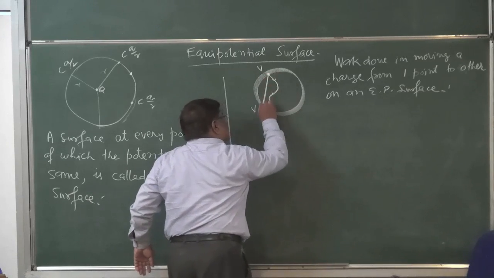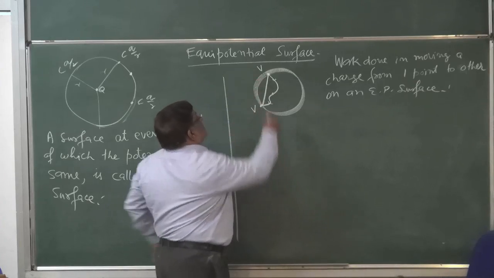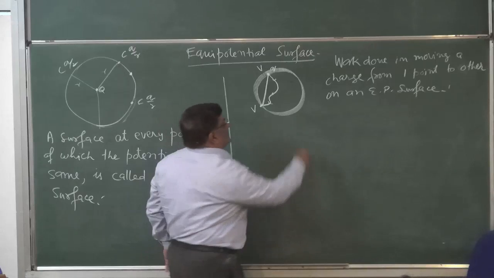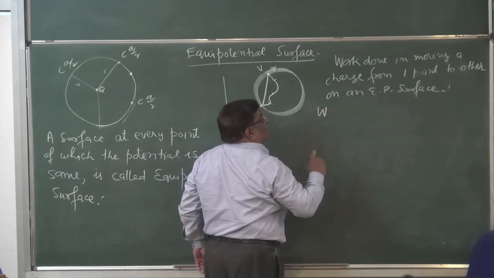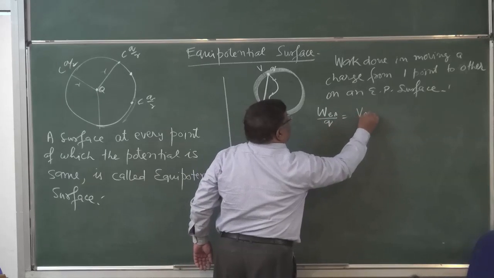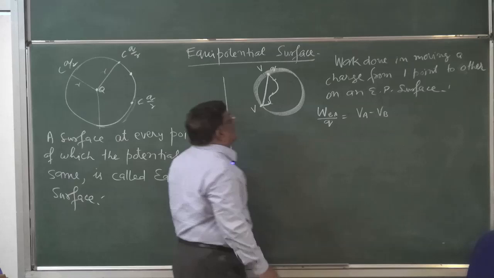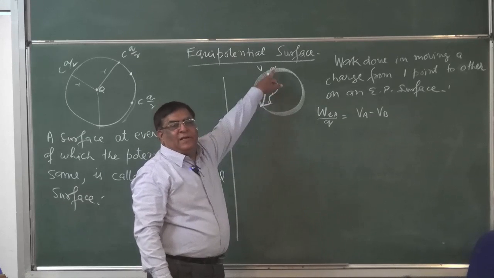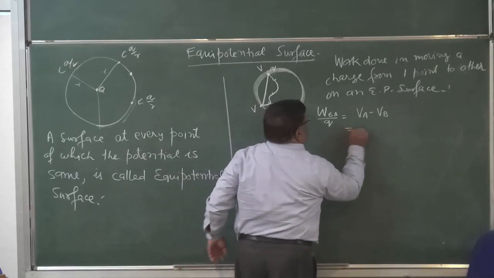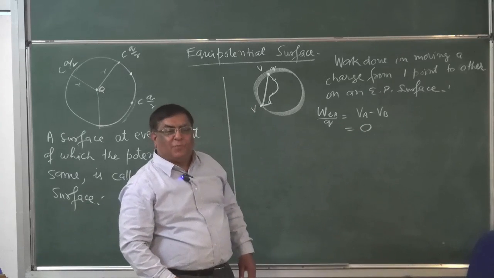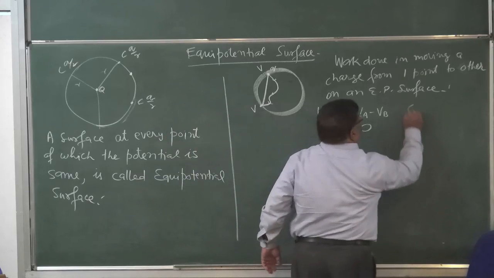What matters is the displacement. Now we take this displacement from this point to this point. If you bring a charge Q from this point to this point, how much work is done? We know how potential and work are related. Work from B to A per unit charge is equal to VA minus VB. And in this case, how much is VA minus VB? VA minus VB is 0. Why 0? Because VA is equal to VB, it's an equipotential surface.